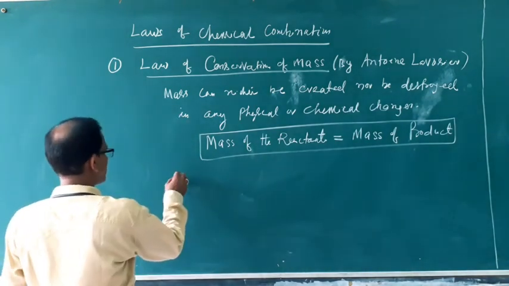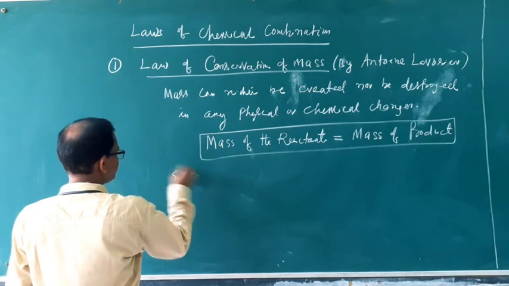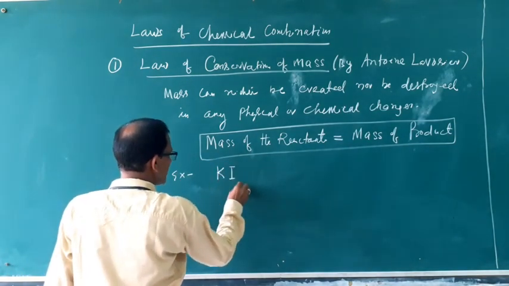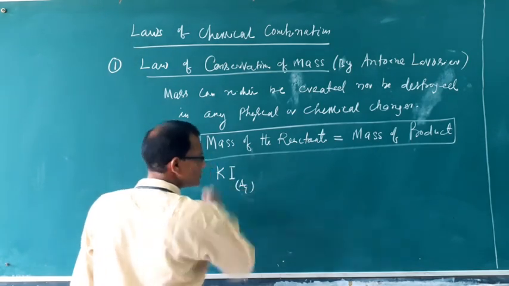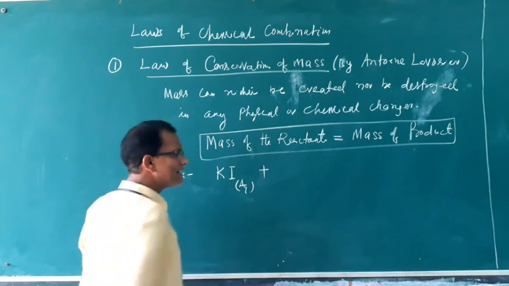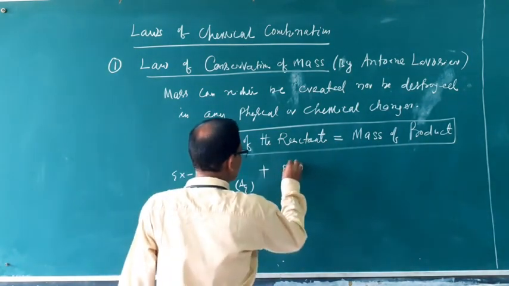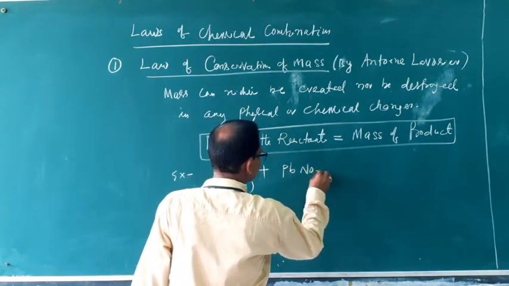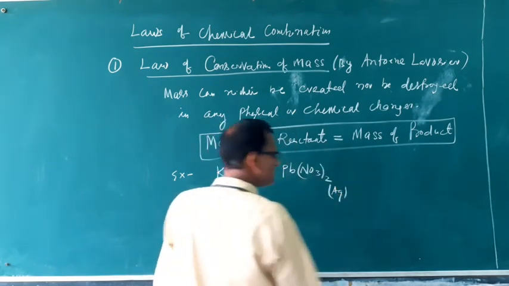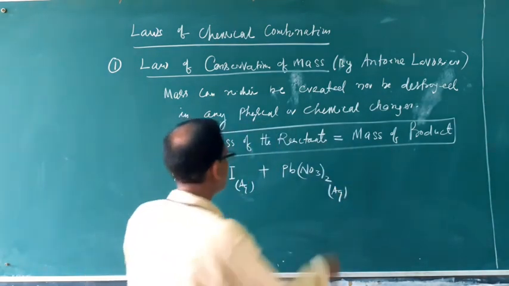Suppose potassium iodide, aqueous, meaning a solution of potassium iodide in water, reacts with lead nitrate, aqueous, which is water soluble.